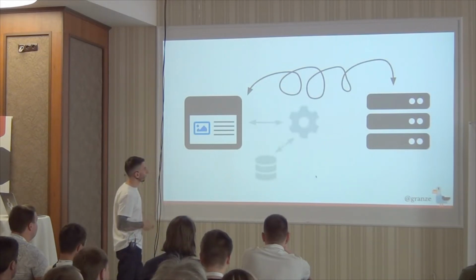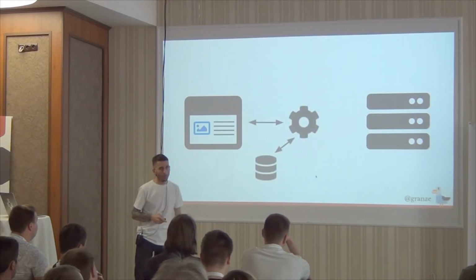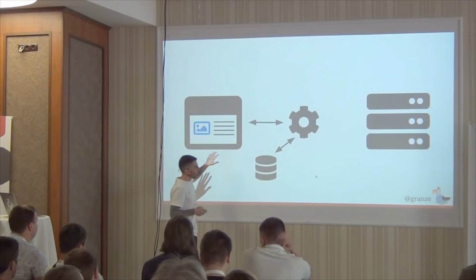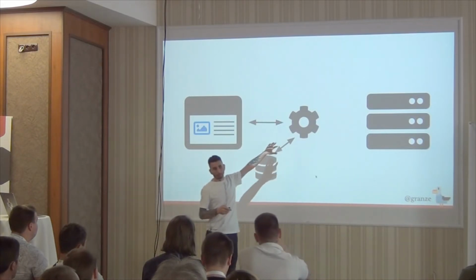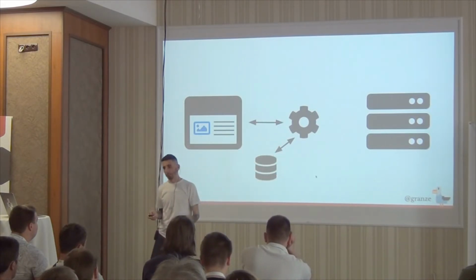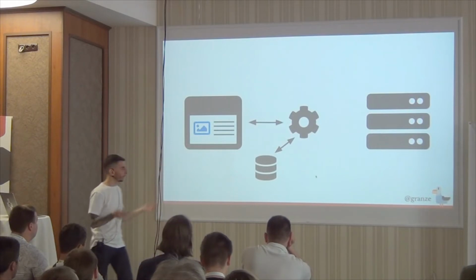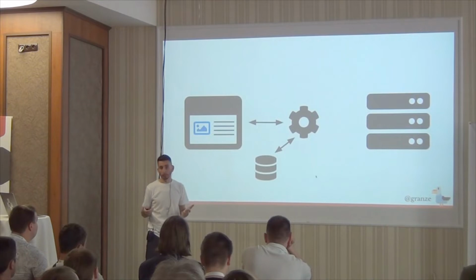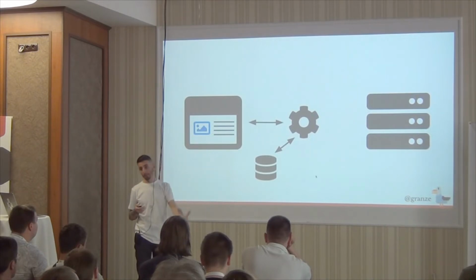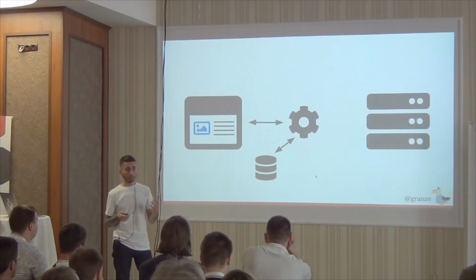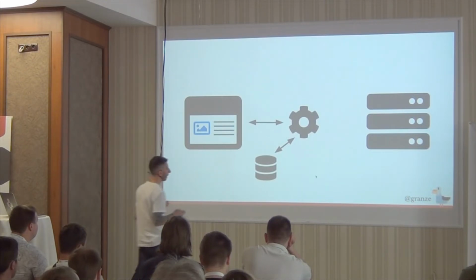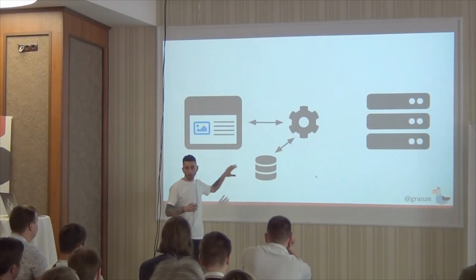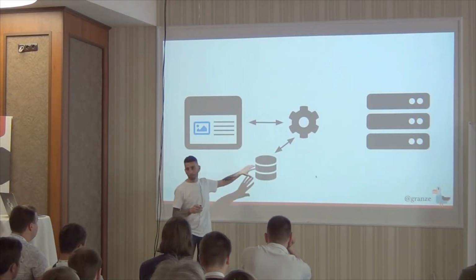So how is the Cache API different? The cool thing is that the service worker will intercept all the calls we do, and we can decide what to do with these requests. So in some cases, we can decide not to touch the server at all and just grab our assets from the cache.